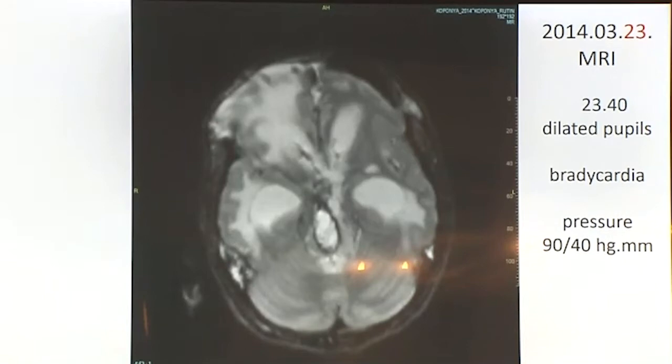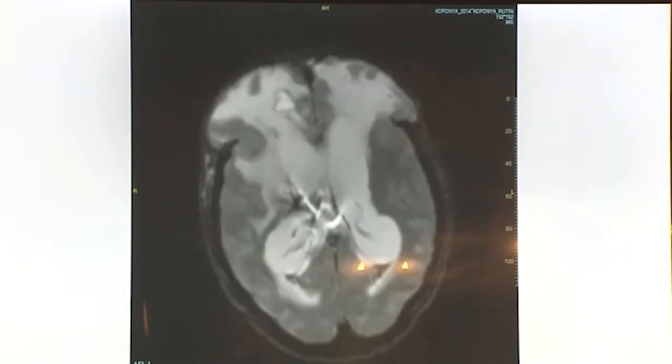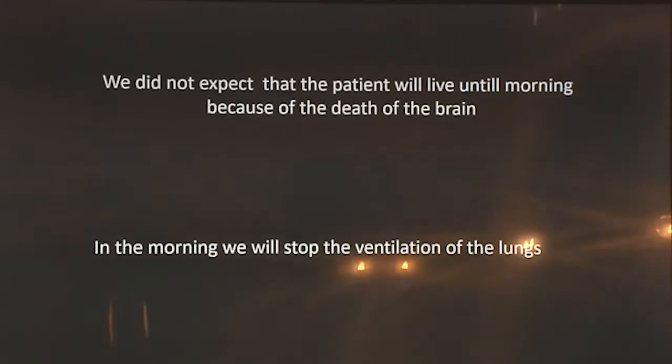March 23, MRI, dilated pupils, bradycardia, and hypotension. This is a terrible situation for a young woman. We did not expect that the patient would live until morning because of brain death. In the morning, we would stop the ventilation of the lungs.